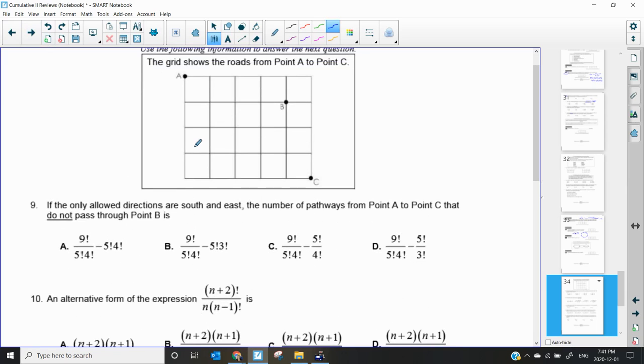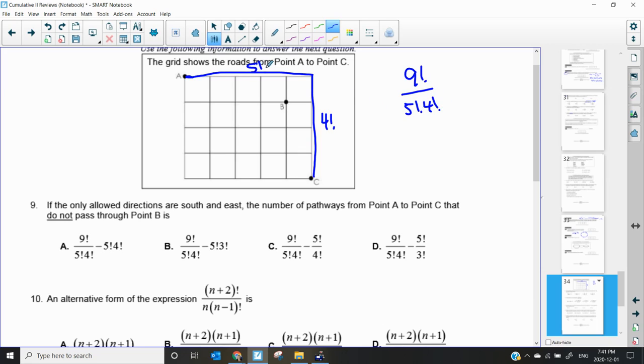All right, remember with pathway problems, we can do these one of 2 ways. If I'm actually figuring out this entire distance around or the entire set of pathways, I would count each side, east and south. So we got 1, 2, 3, 4, 5. So this would be 5 factorial. Down here would be 4 factorial. And we add those together. So we'd have 9 factorial divided by 5 factorial, 4 factorial.